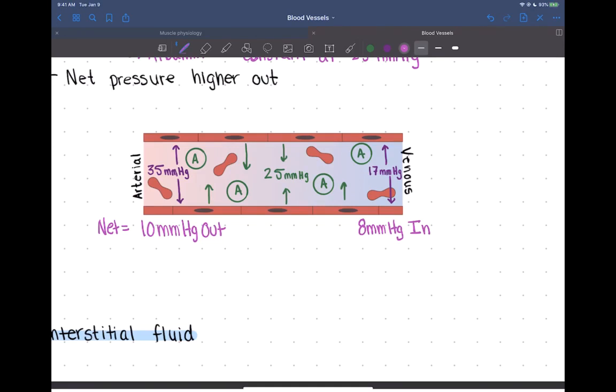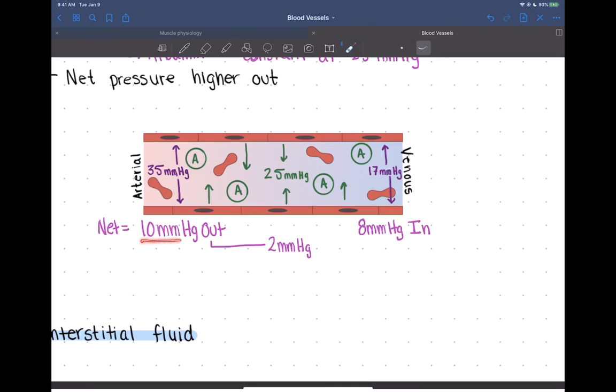Okay, and so if we look at that, what's the difference between these two? So on the arterial end, we have 10 millimeters of mercury being pushed out. We have 8 millimeters of mercury being pulled in on the venous side. So the net is going to be 2. That's the difference, millimeters of mercury. All right, and we're pushing more fluid out than we're pulling in.